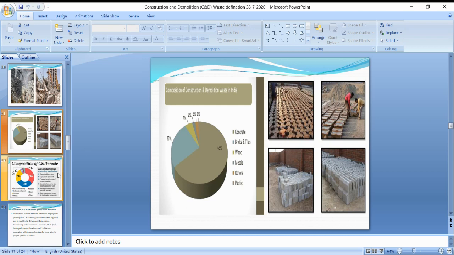So here we can see the materials which we generally use. Generally we use soil, sand, brick, concrete, and metals, which can be used for the doors or for the framework. And also we are getting electric wires and sanitary items. So these are the waste which we generally get.